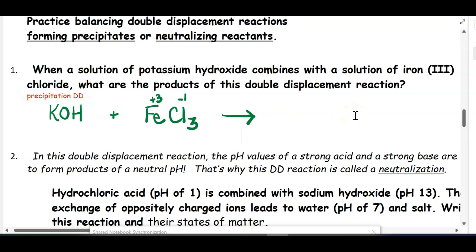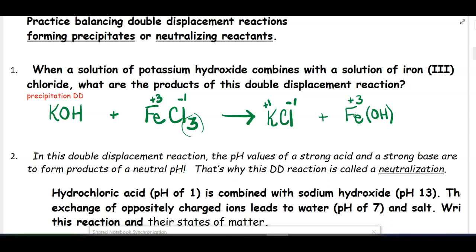So potassium is going to be dancing with chlorine, and we just write whatever it is. We don't take this 3 because there are not going to be 3 chlorines over here. There's only going to be 1 because in potassium chloride, they each have the same numbered ion but opposite charges. And then iron plus 3 is going to be dancing with hydroxide.